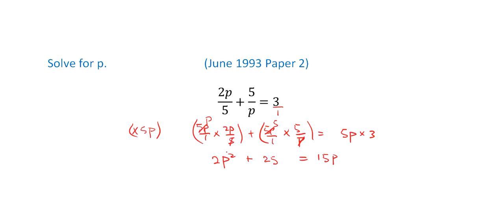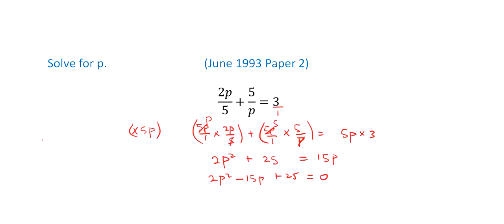right? So we bring everything on one side, so we end up with 2p squared minus 15p plus 25, which is equal to 0. And realize that this now becomes a quadratic expression, right?